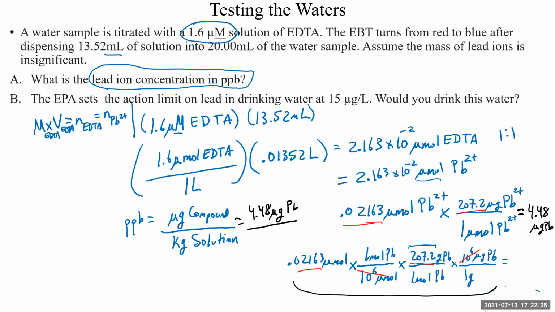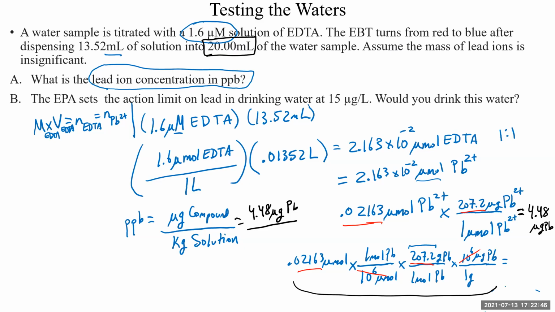Now, what is the kilograms of solution? Well, where does it mention anything about the solution, or I should say about the water that this happened to be in? Oh, there it is. There's some piece of information, right?